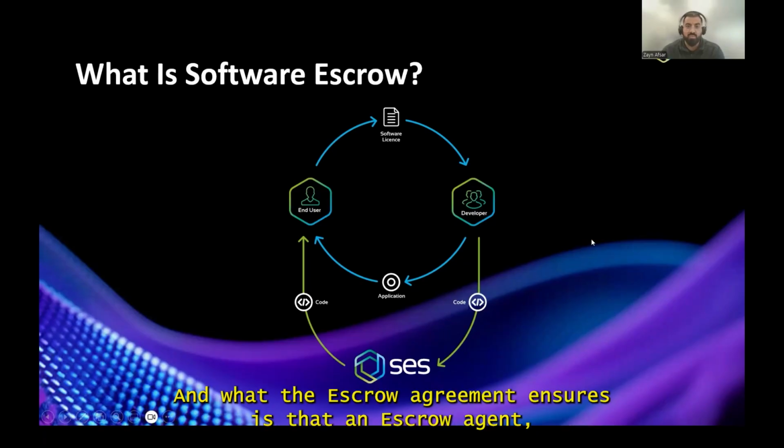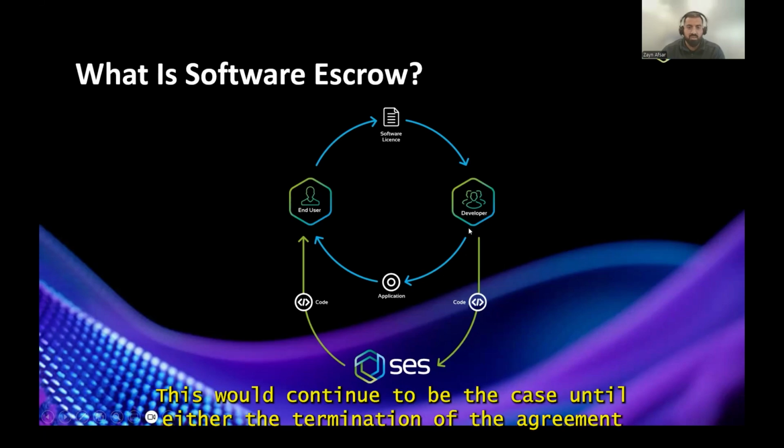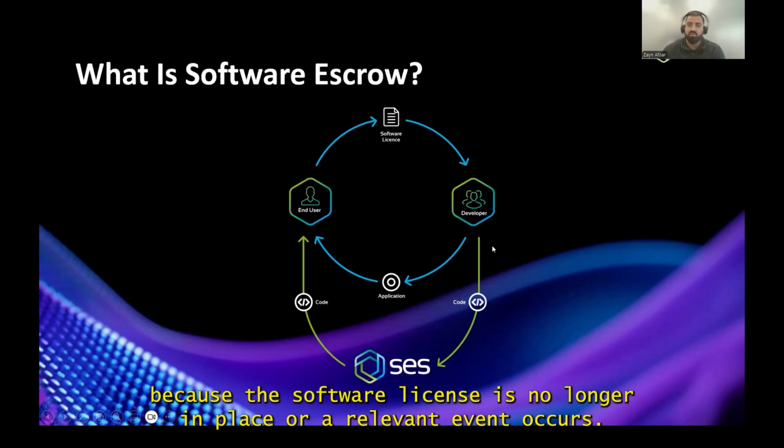And what the escrow agreement ensures is that an escrow agent, whether that be SES or someone else, would receive regular updates of source code at an agreed interval. And this would continue to be the case until either the termination of the agreement because the software license is no longer in place, or a relevant event occurs.